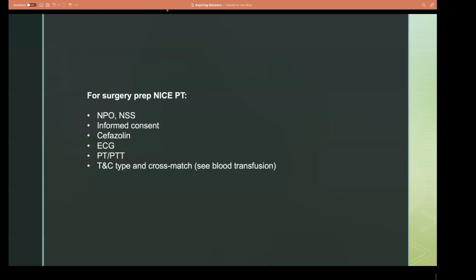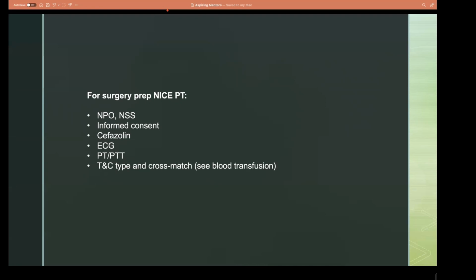This is for surgery patients, because in every case, for example, the patient came with abdominal pain. You have done everything. You have done blood tests, you have done CT scan, ultrasound. Now the ultrasound showed you that it is an abscess. You have aspirated the abscess, but now you want to send the person to surgery.